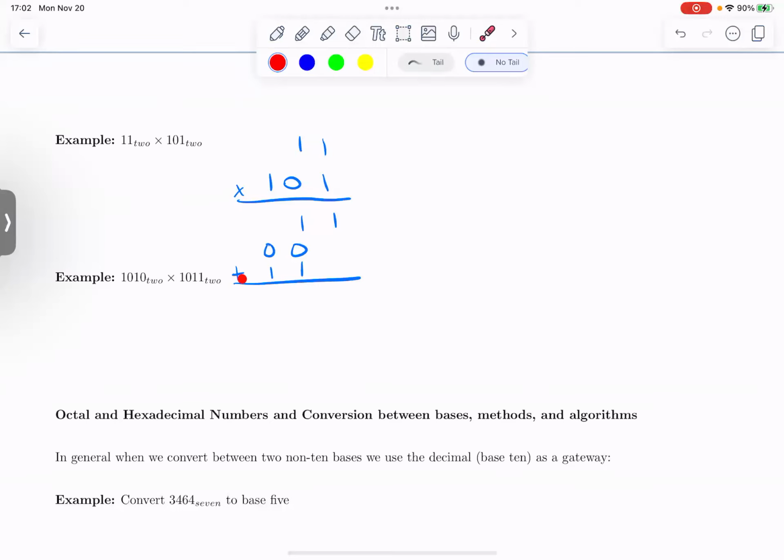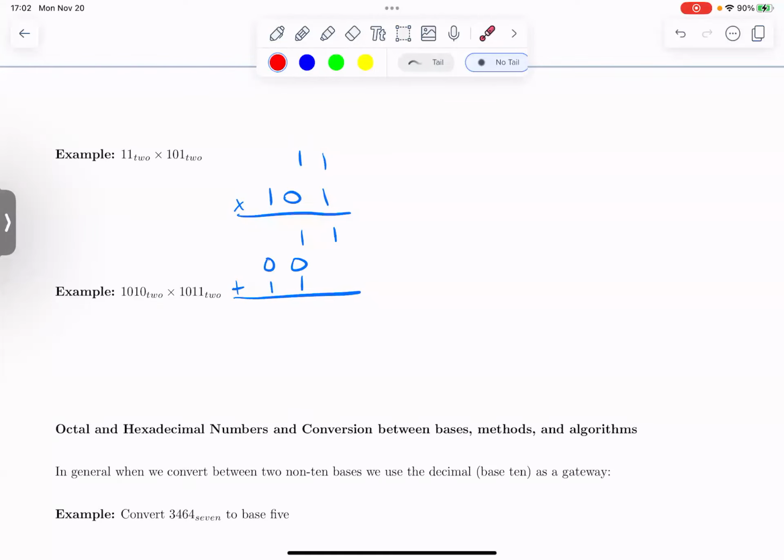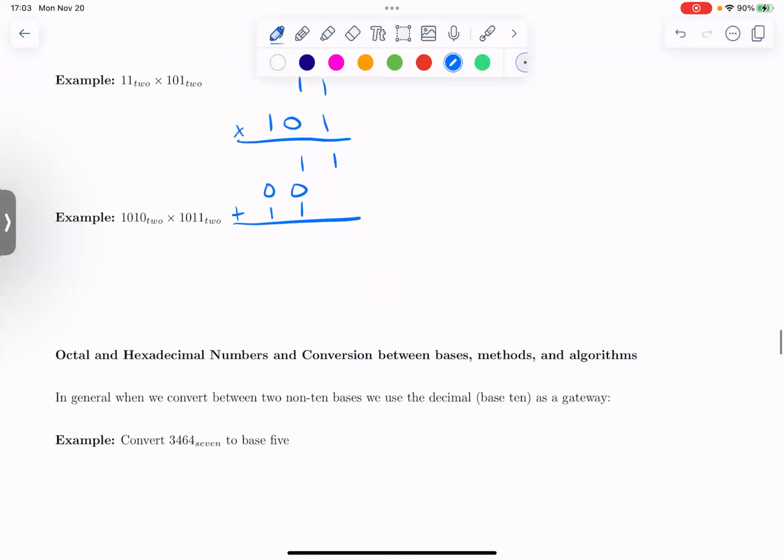But now I need addition here, right? I need to add these all up. Did I miss one? Well, it's because I wrote them all weird like this. I should have written 1 0 1 times 1 1. But instead I went like this. That's weird. One plus nothing is 1. 1 plus 1 is 10.